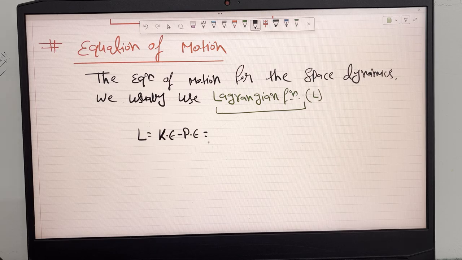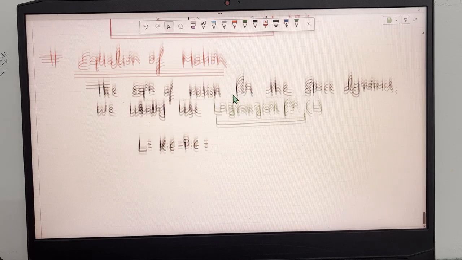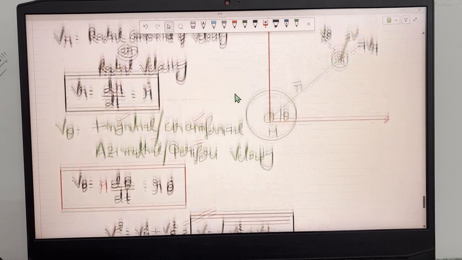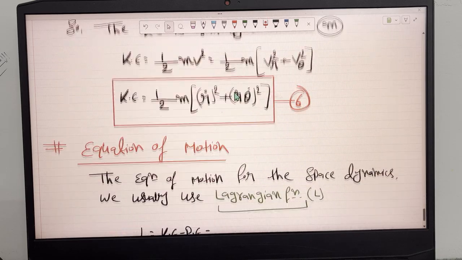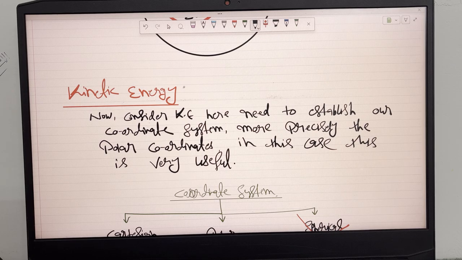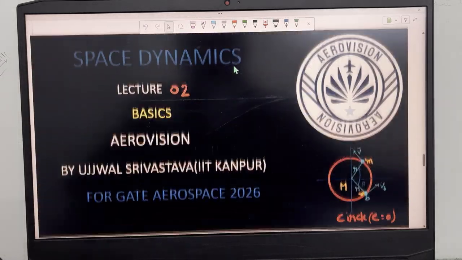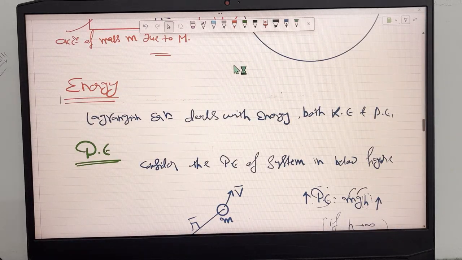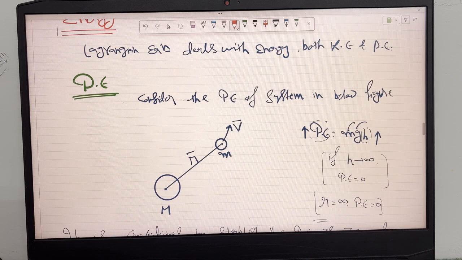Let's denote them with some kind of notation. It will be very helpful. The kinetic energy is denoted as T, and the potential energy is denoted as phi.